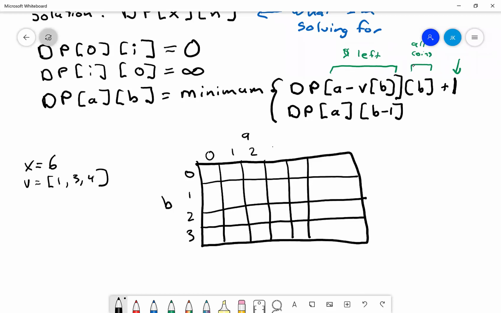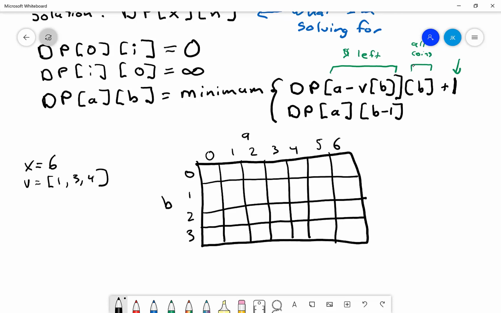Zero, 1, 2, 3, 4, 5, 6. Basically, with a table like this, I'm going to show you the bottom-up approach to doing things. The top-down approach would fill in the table starting with what we want.